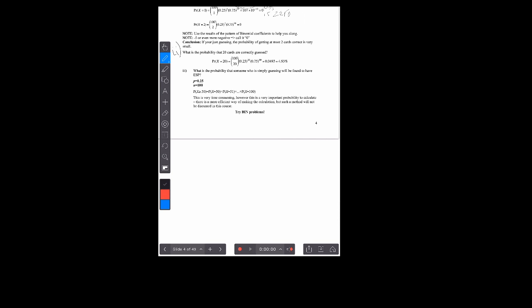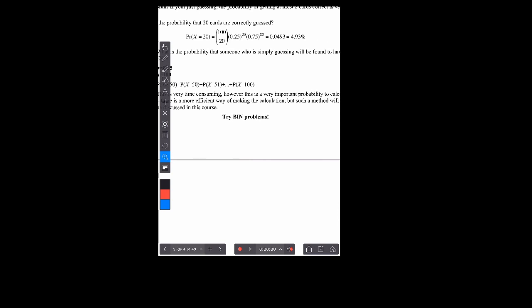Well, you could write it as probability of getting 20 correct using the formula. The chance of getting a correct guess is 0.25 to the power of 20 successful guesses. And then if there's 20 successes, then that means there's 80 failures.